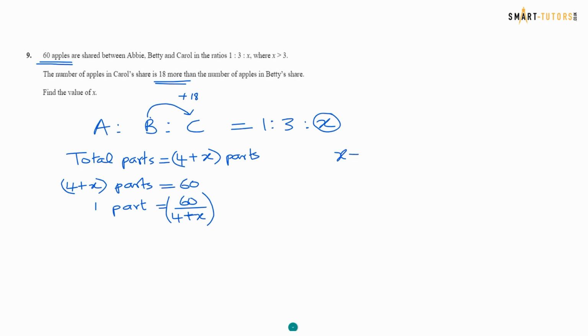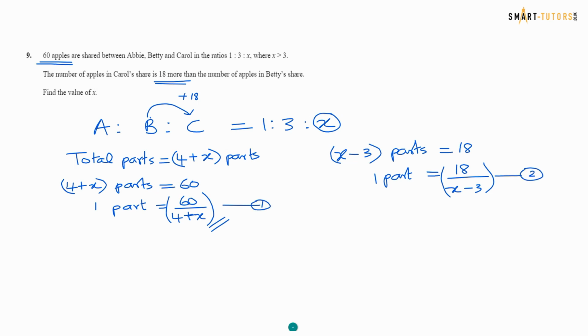So X minus 3 parts equal 18. So 1 part equal 18 divided by X minus 3, right? So 1 part here, 1 answer, and another answer here, 2 different data.